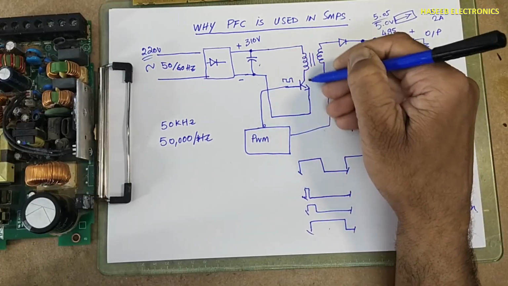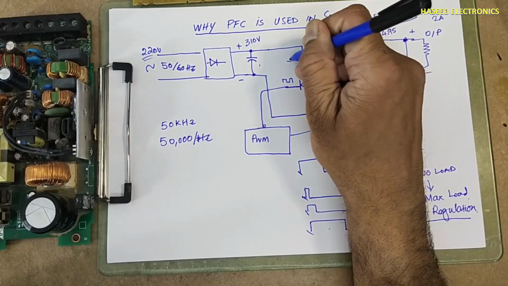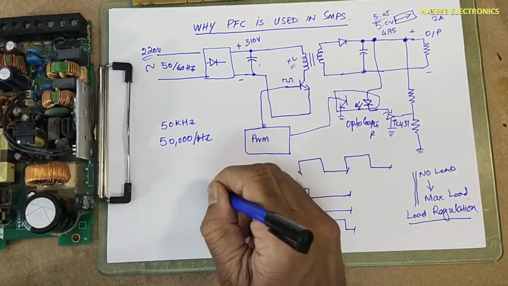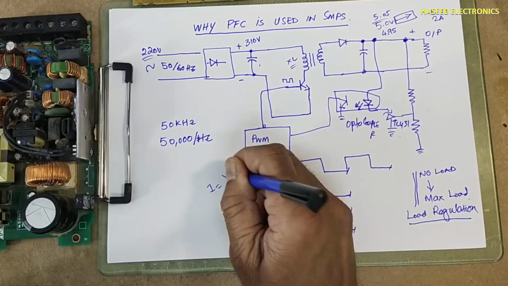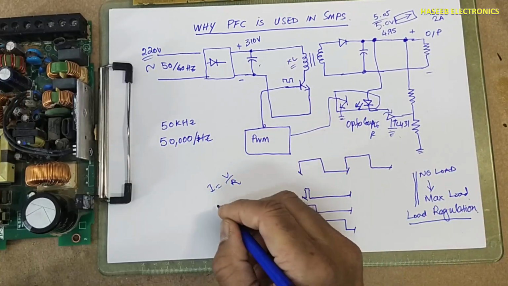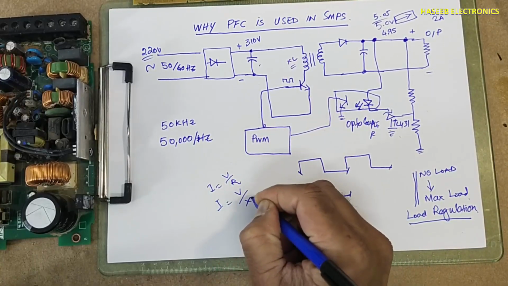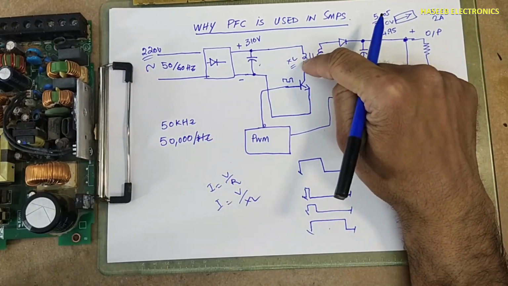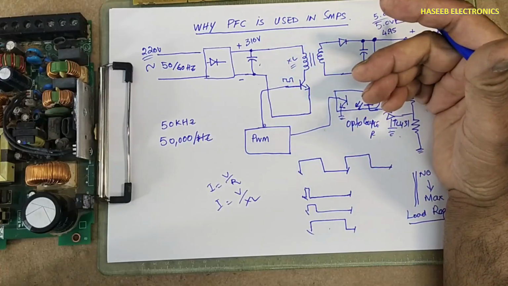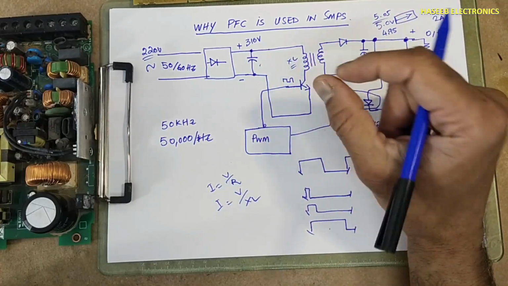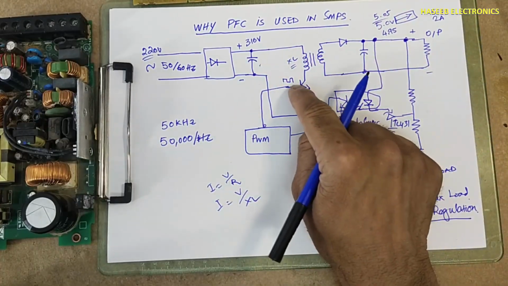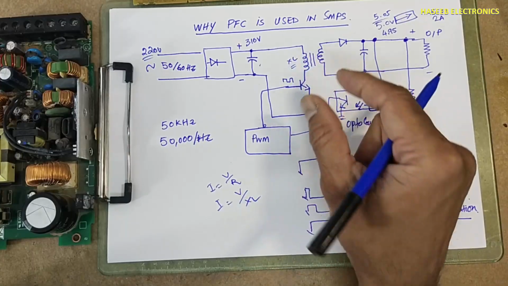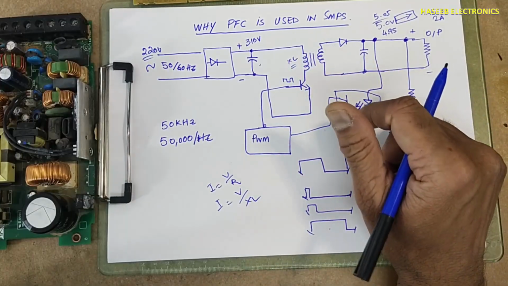We are flowing this current in an inductor, so XL. I equals V over XL. Here XL depends on the inductor value and frequency. At high voltage, we need a short turn on time to create the required magnetic field.